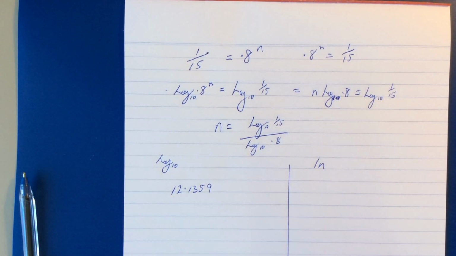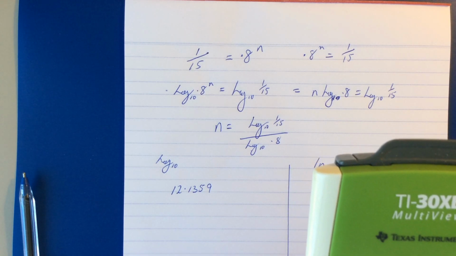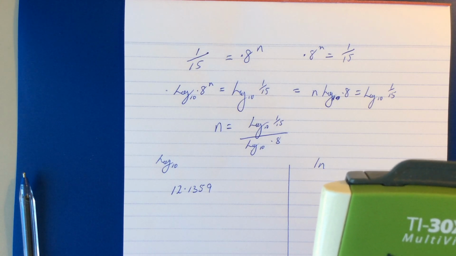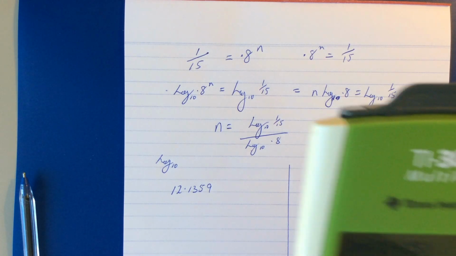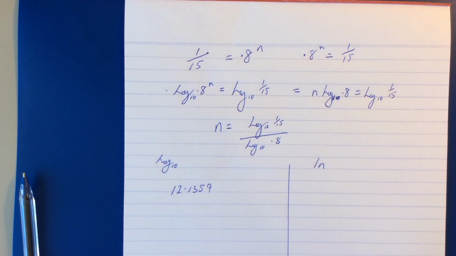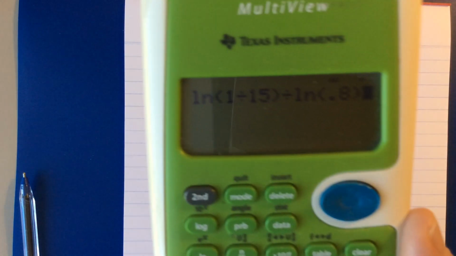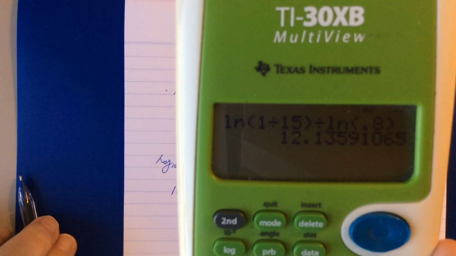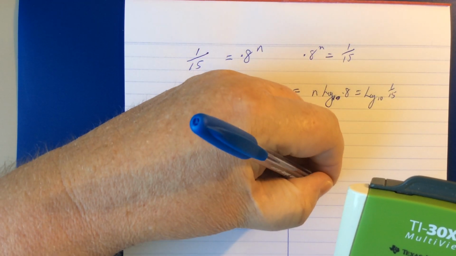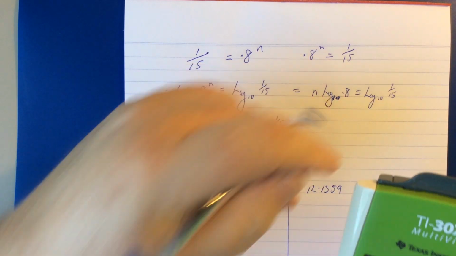Now I'm going to do it with a natural logarithm, just so you can see this. So log 1 divided by 15, very, very similar input, divided by log 0.8, push go, should get the same number. 12.1359.